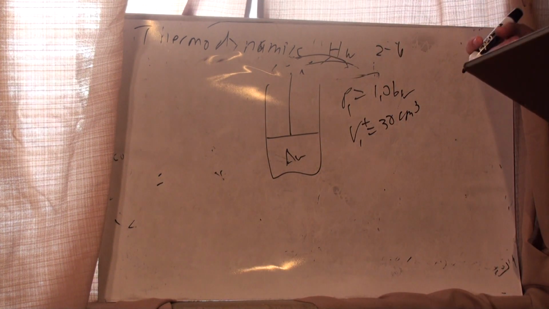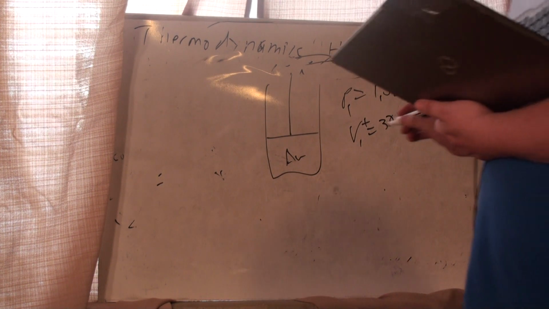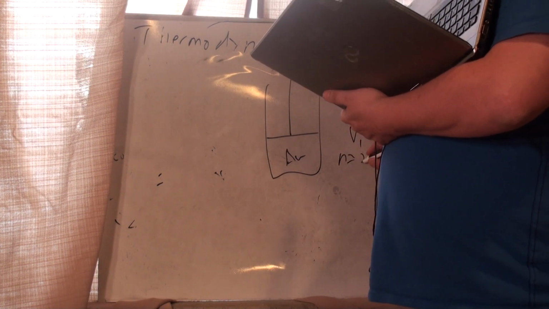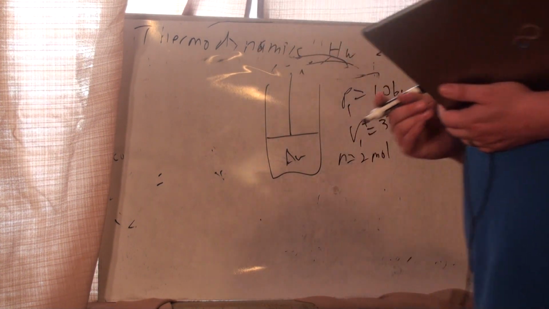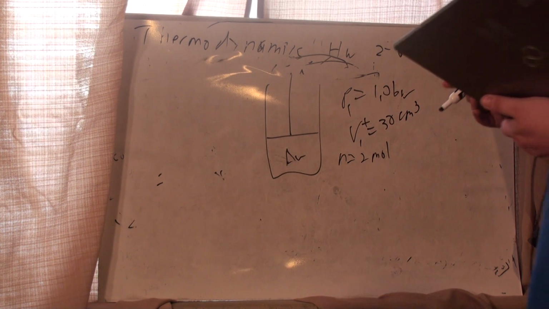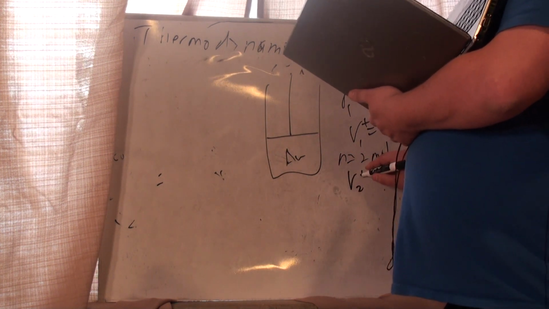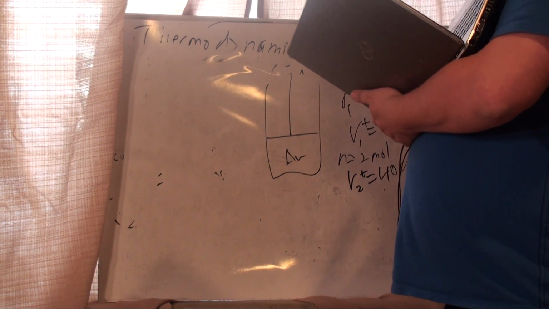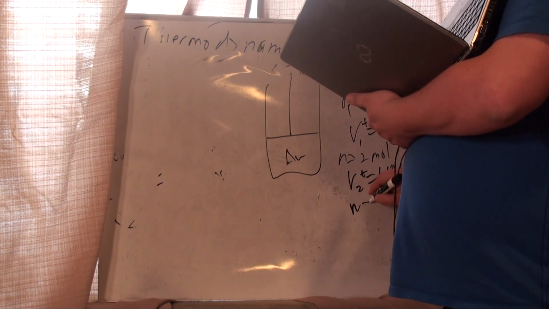How much work is done? And I have 2 moles, so n equals 2 moles. How much work is done if I increase the volume to, so V2 total equals 40 centimeters cubed. I want to know how much work is done to do that.